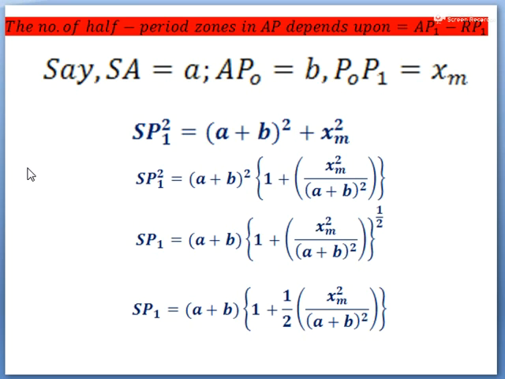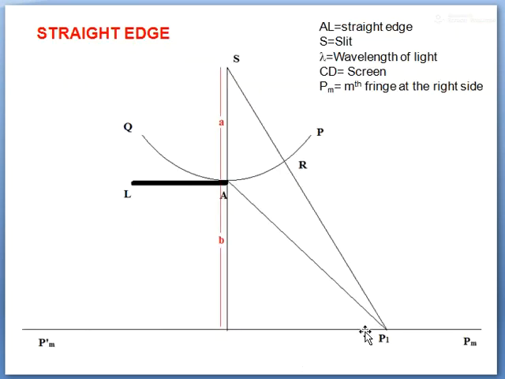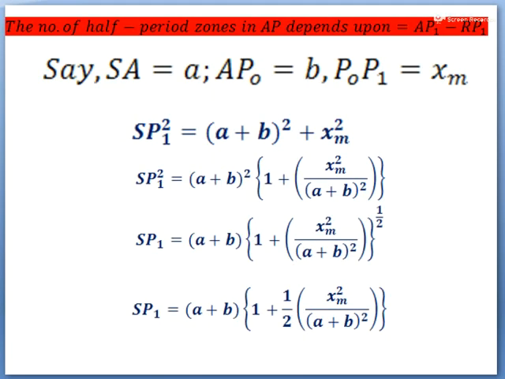তাহলে ম্যাথমেটিক্যালি আমি কি করে শো করব, আমরা এখান থেকে বলতে পারি যে the number of half period zone in AP, কতগুলো হাফ পিরিয়ড জোন AP তে ওপেন হবে at this point P, that depends ultimately on the path difference between this AP1 and RP1, right?